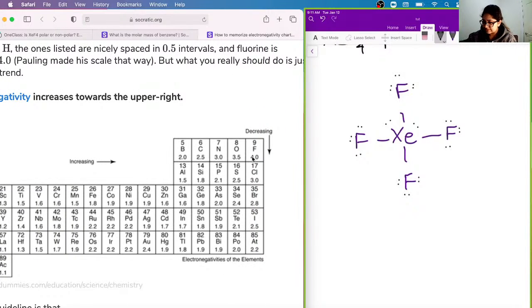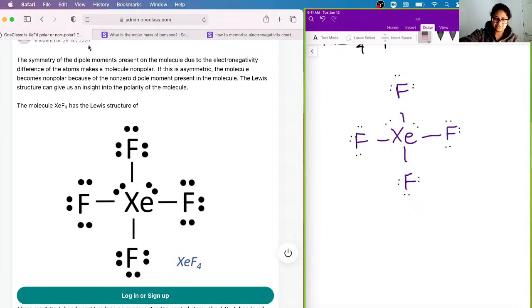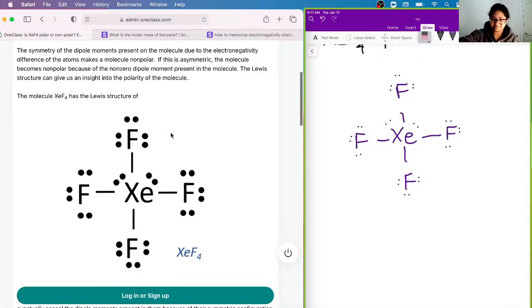So fluorine is more electronegative, and xenon does not really have an electronegativity difference.